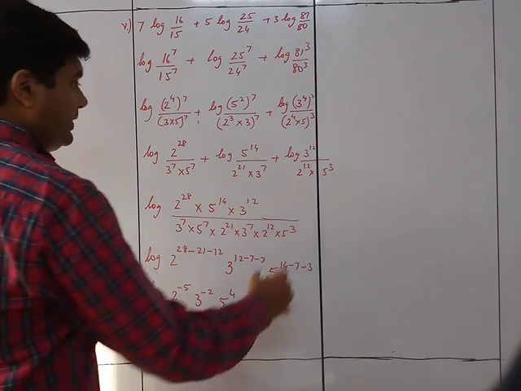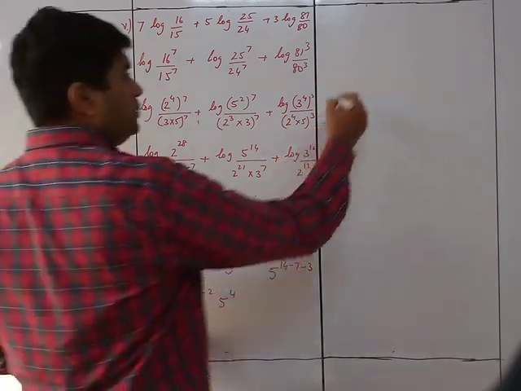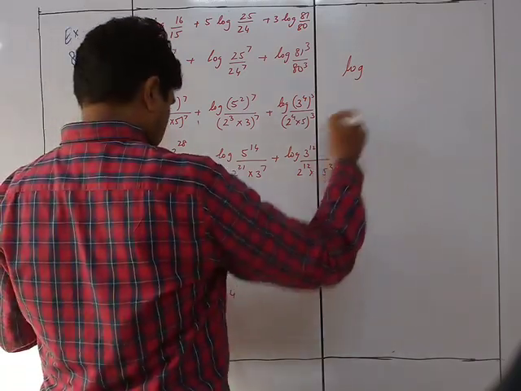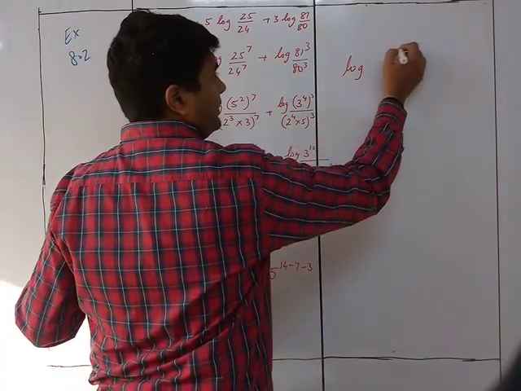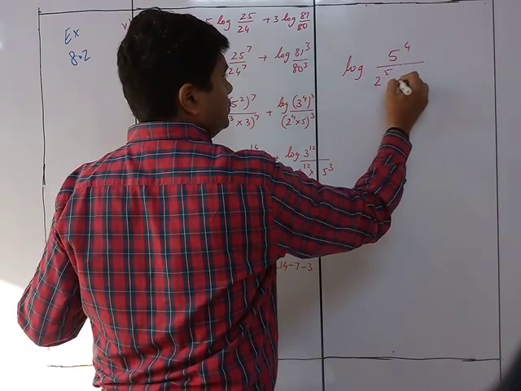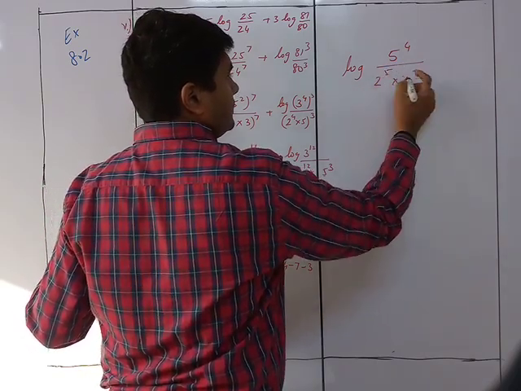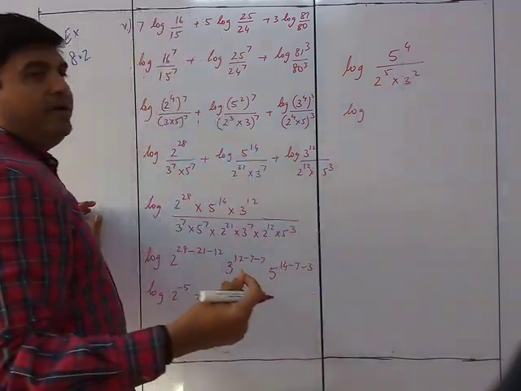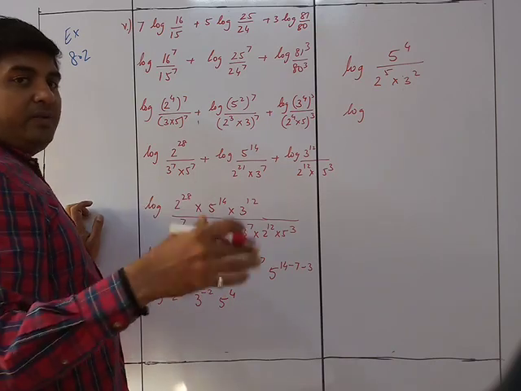So that's going to be equal to log of, positives will remain upper, so 5 raised to 4, and 2 raised to 5, and 3 raised to 2. Okay, 5 has 25, 125, 625.